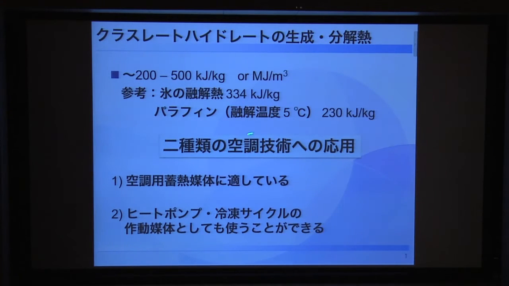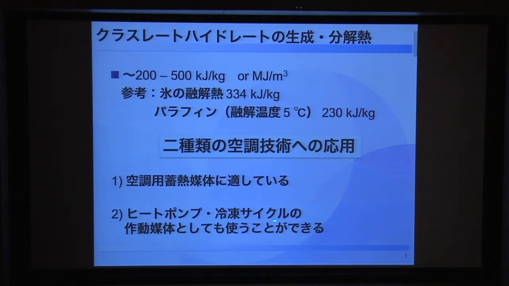So using this physical property, there are two ways we can apply hydrate to air conditioning technology. One is air conditioning, meaning cooling, which is suitable for thermal storage. We can use the off-peak nighttime power and form hydrate during the night, which can be dissociated during the day to cool down the buildings.